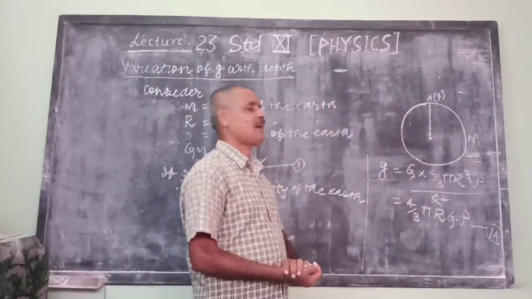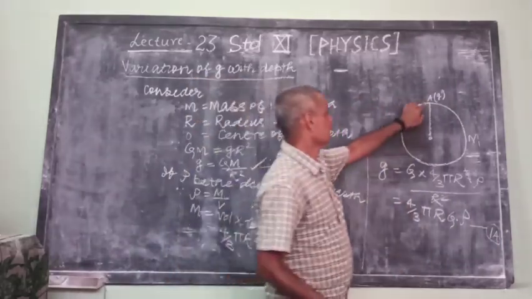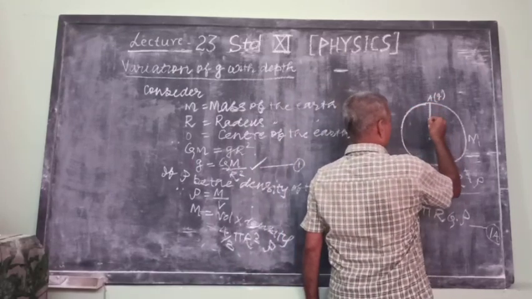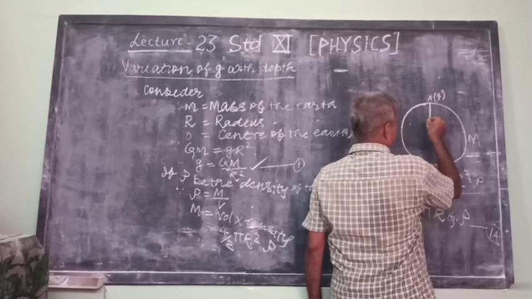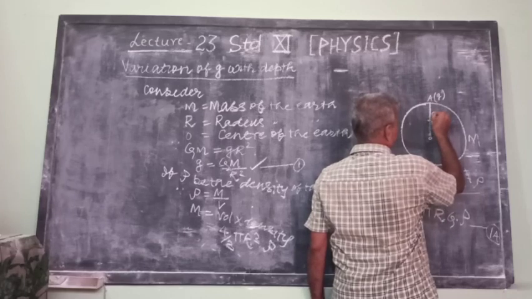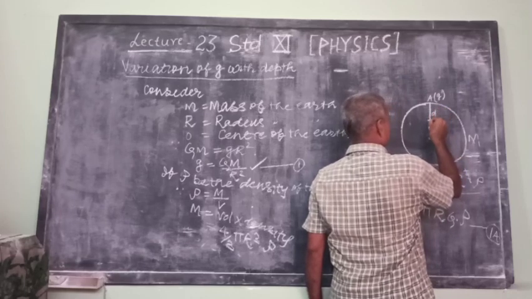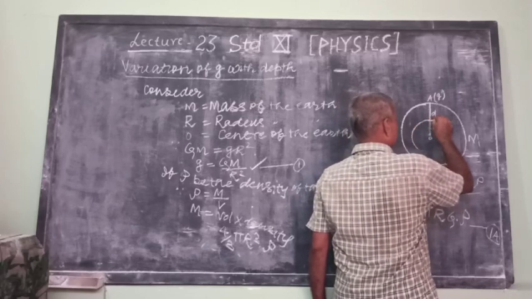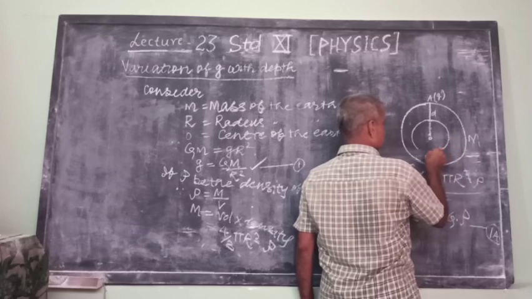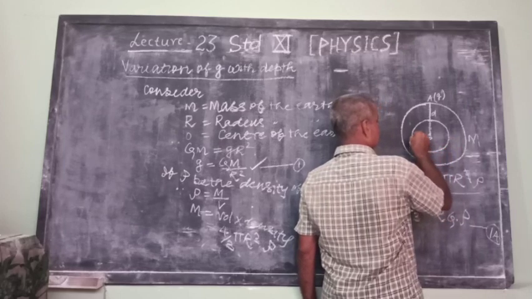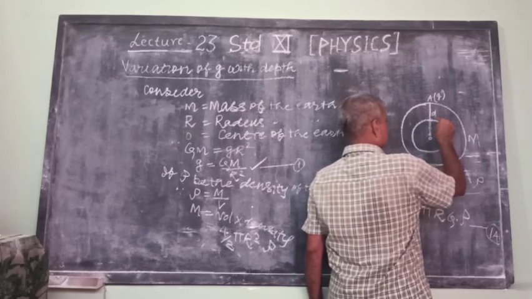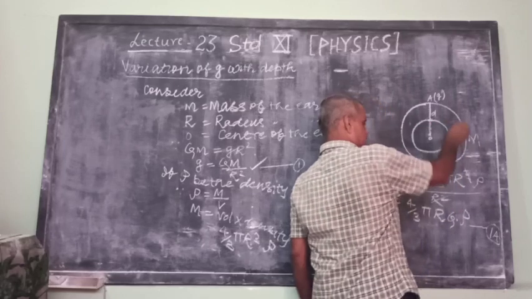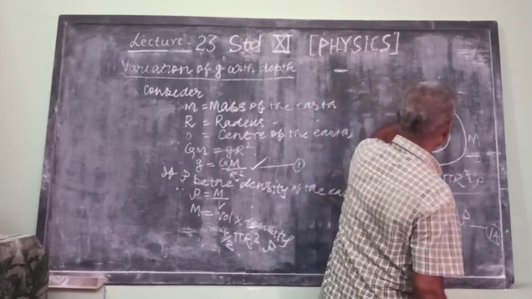Now watch the diagram. Let a body be placed at a depth d. Here is the d. Just I have considered another sphere which is inside this one. This is d.